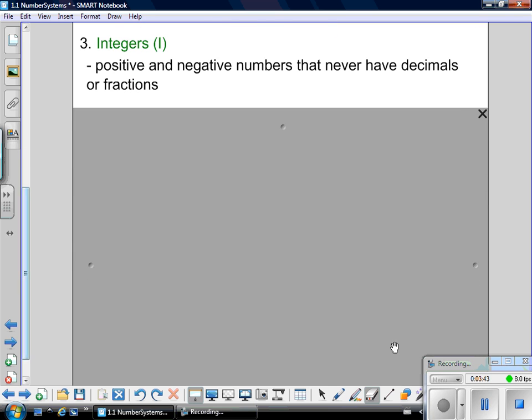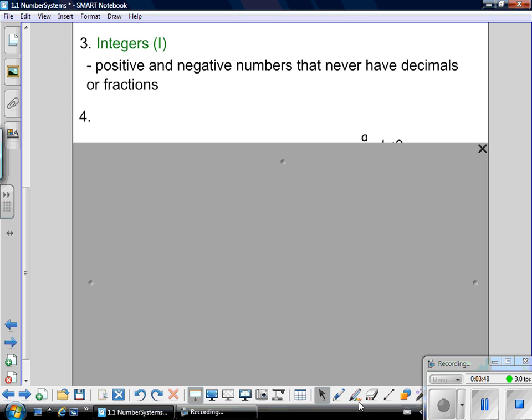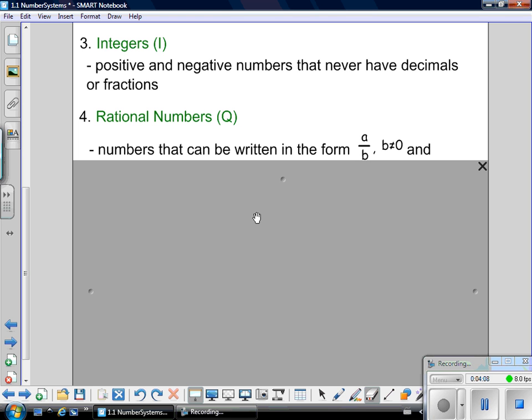The next number system, our fourth system, is what we call rational numbers. And for rational numbers, for whatever reason, they use the letter Q. You would think that would be R, but we save R for real numbers. So we call it Q. Now, Q, rational numbers, are numbers that can be written in the form a over b, where b does not equal 0.